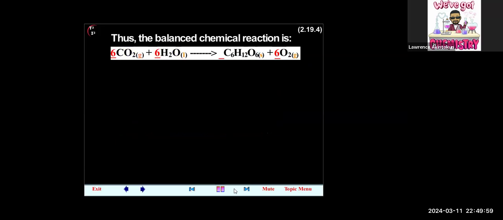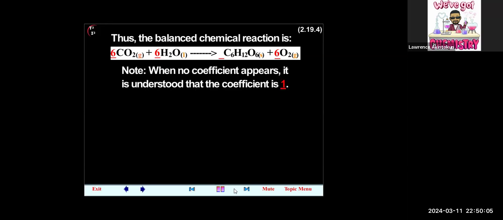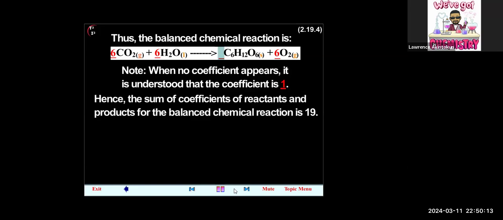Thus, the balanced chemical reaction is, note, when no coefficient appears, it is understood that the coefficient is 1. Hence, the sum of coefficients of reactants and products for the balanced chemical reaction is 19.